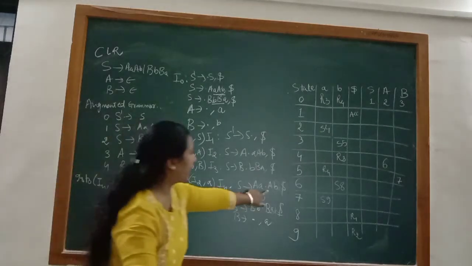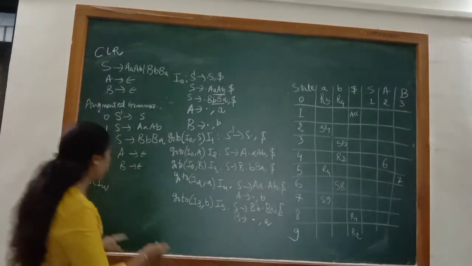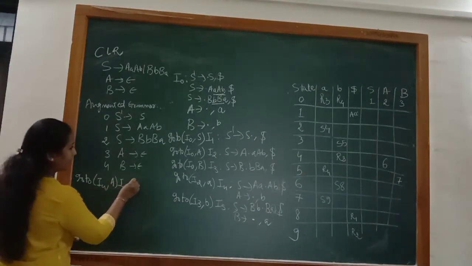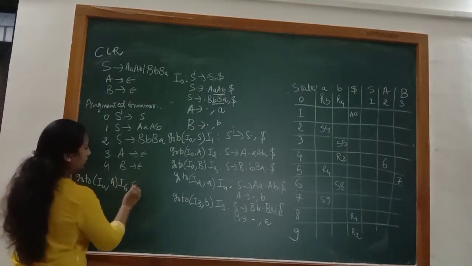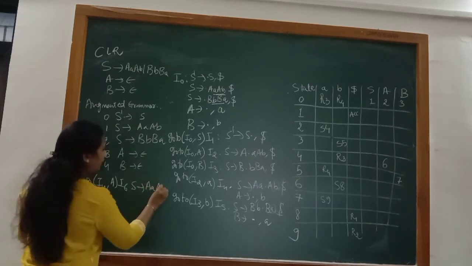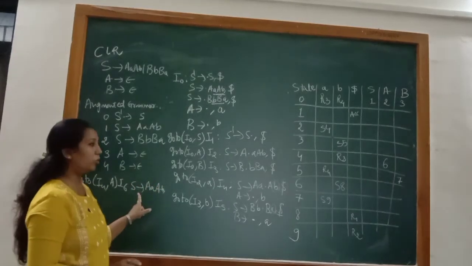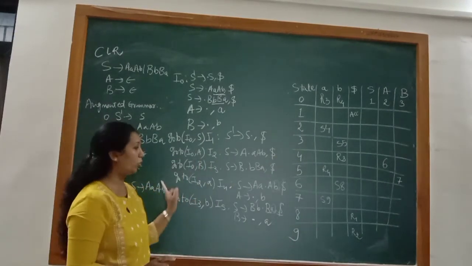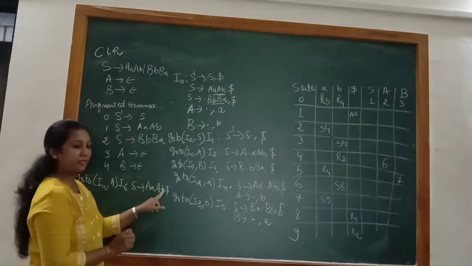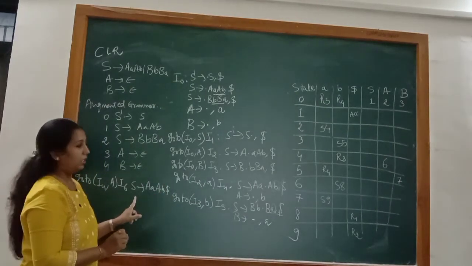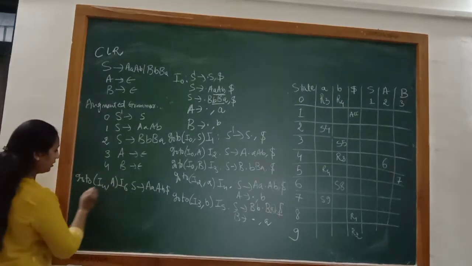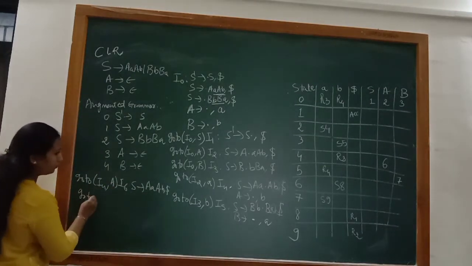Now in I4, the next possible symbol is capital A. So go to I4, capital A. What I get is I6: S2 A dot B. Over here I applied go to, so the rule is in go to just copy the look ahead. So dollar. Again this is a terminal symbol, so there is no production that we need to include. So this is I6.